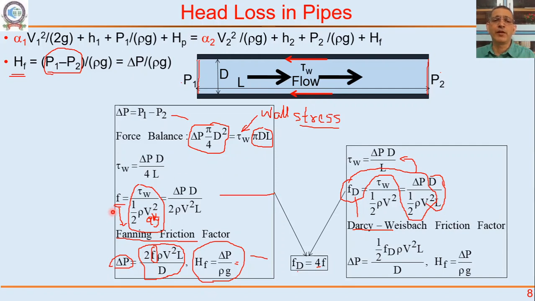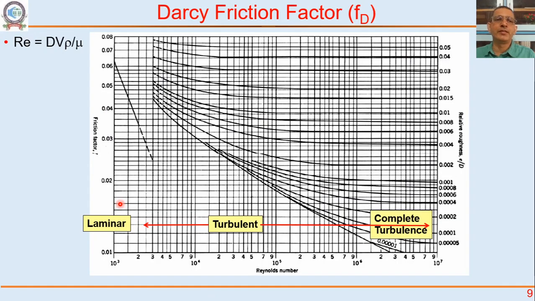So this is what people did. They measured the friction factor for a variety of different pipes, for a variety of different fluids, and they came out with this relationship. The fanning friction factor or Darcy friction factor, it is Fd here. So this is Fd, Darcy friction factor. They related this to Reynolds number, Re. And you see two different regimes.